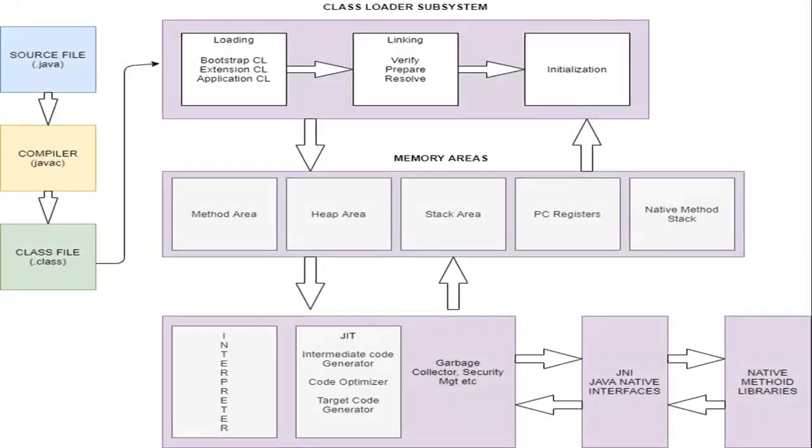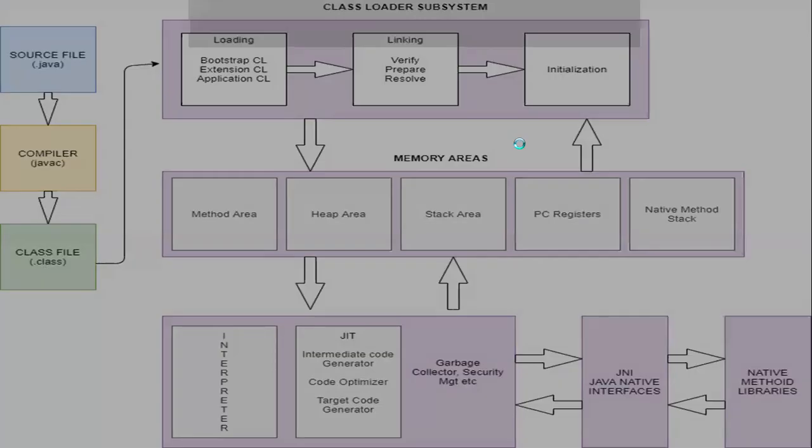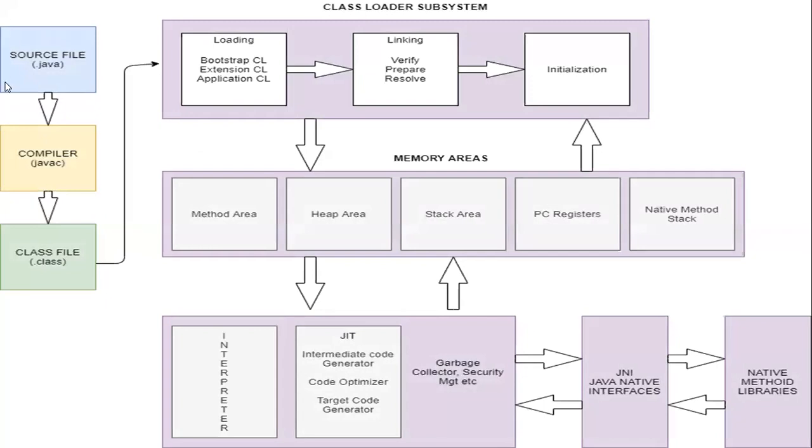And now if I look at the diagram, we have the source file, then it is embedded into the compiler and it produces the class file. Then this class file is embedded into the JVM, and these are the components of JVM. First of all, we have class loader, then we have a bytecode verifier, then we have the execution engine.